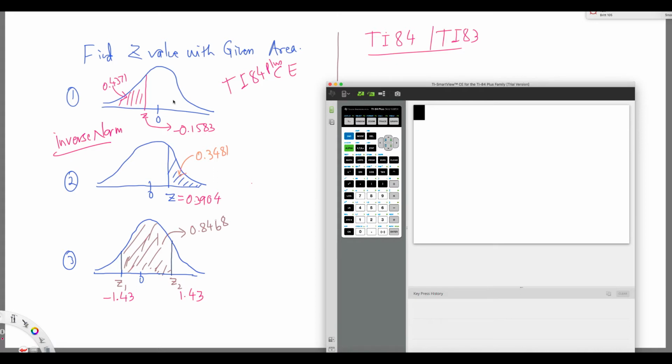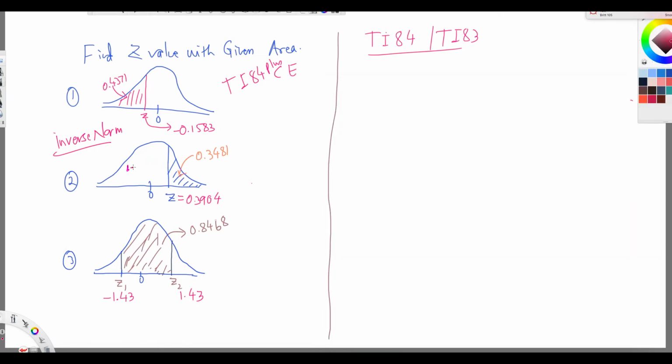This problem has a right area, so you need to enter the area to the left of G. If you are finding the G value, you need the area left of G. To find the left area, you do 1 minus that value.